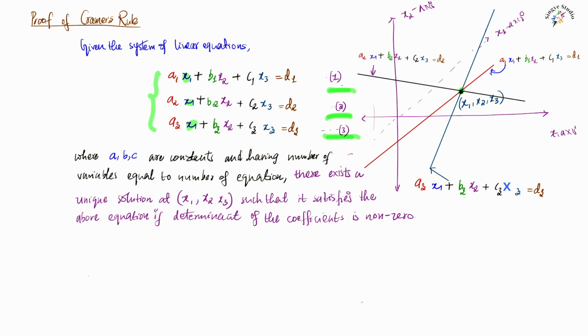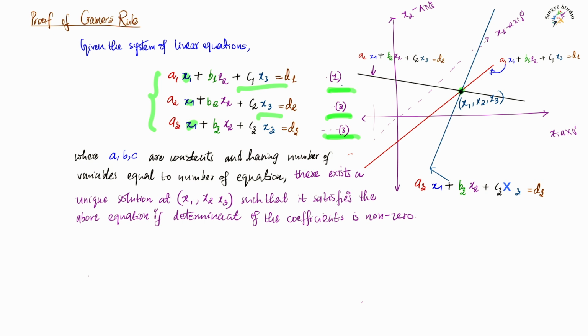Now moving to the graphical representation, we know that a system of linear equations means polynomials of degree 1. Any polynomial with the highest degree 1 is a linear equation. So this will result in a line, right?